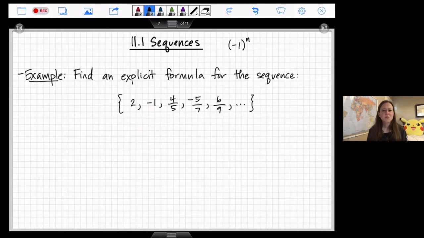The first thing that I'm going to do here is try to write the first 2 terms as a fraction. It seems like I've got lots of fractions going on in the 3rd, 4th, and 5th terms. So I'm going to see if I can write, in a pattern kind of way, these first 2 terms as fractions that follow what's going on. All right, so the last 3 terms have 4, 5, and 6 in the numerator.